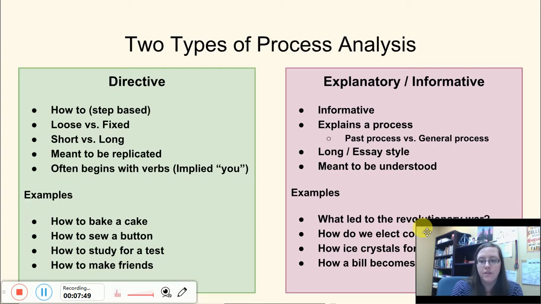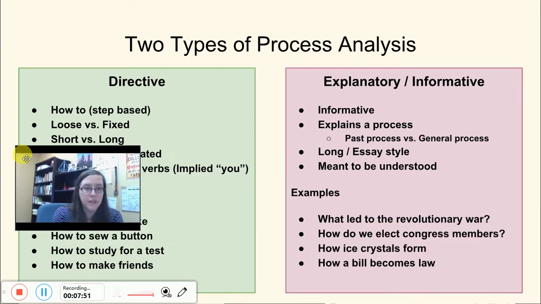Now, if I switch sides here and I look at the explanatory process analysis, there are certainly some similarities. You're getting information, just like you were in the directive, but the goal is to be informative. So the goal in the explanatory process analysis is to just tell you how something is done, but not how to do something.